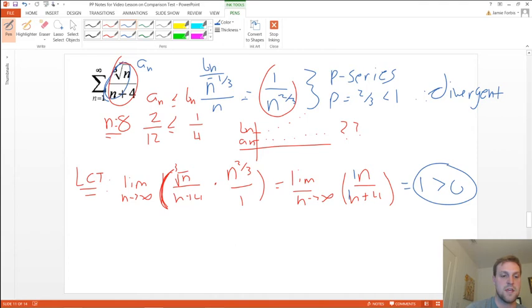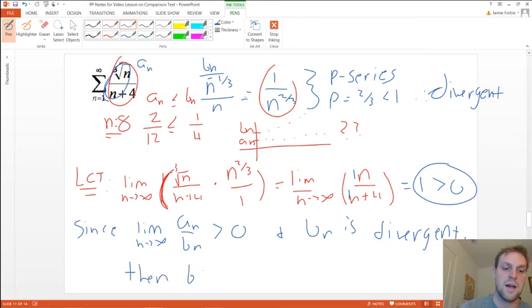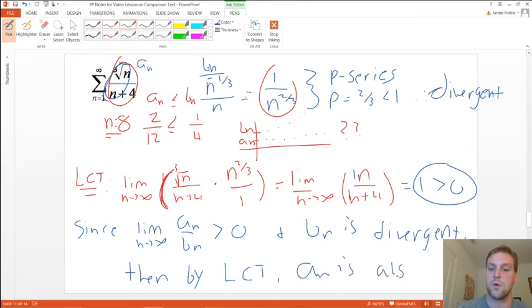And I am able to say that, hey, since the limit as n approaches infinity of a sub n over b sub n is greater than 0, and b sub n is divergent, then by the limit comparison test, a sub n is also divergent.